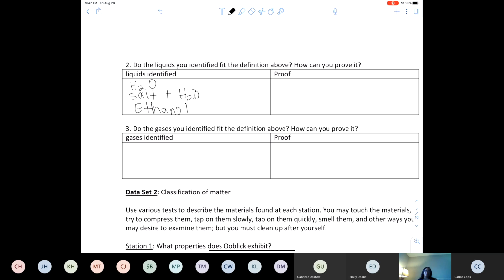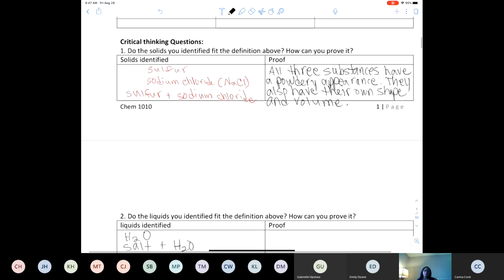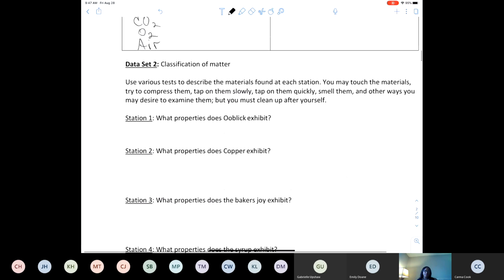You can talk about things based on your appearance of them, as well as give me a scientific proof that these are liquids. And same thing for the gases. Any questions about data set 1, critical thinking questions?